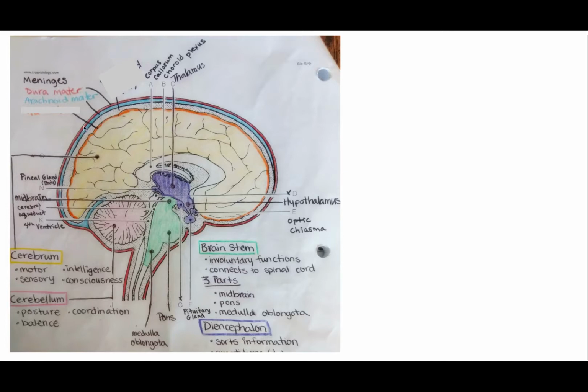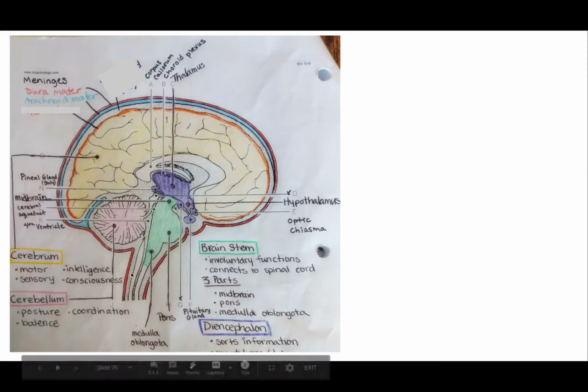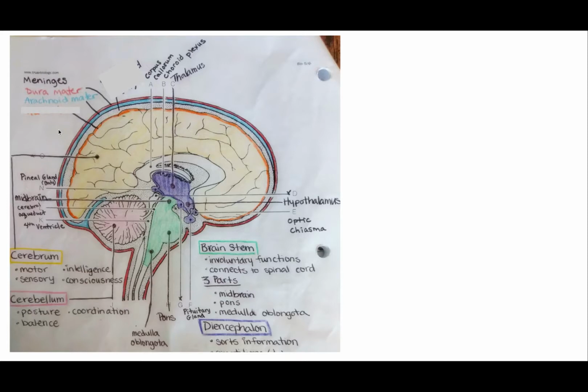So you can see this light blue color. That's the arachnoid mater that covers and protects our brain. It also would be found in our spinal cord. And then the third layer that's touching the brain itself, I colored in orange, and you can see that the cerebrum has this layer of orange surrounding it. That is the pia mater.